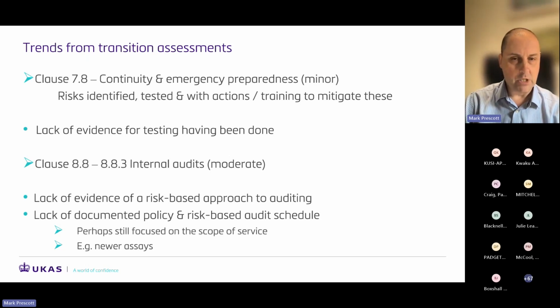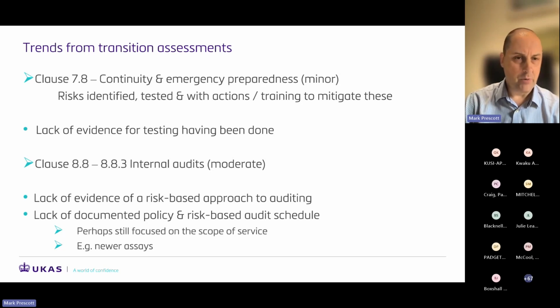So policies and procedures are not necessarily being updated to reflect how the audit schedule is developed using a risk-based approach. And this may well be because laboratories are still very much focused on auditing their full scope of service in a year or 2 years, and making sure each analyzer is audited, but really moving away from that.